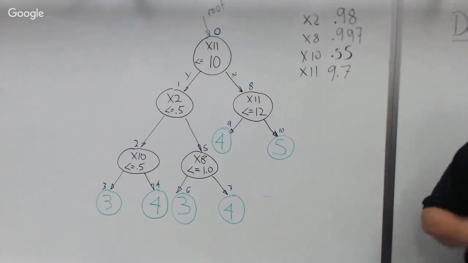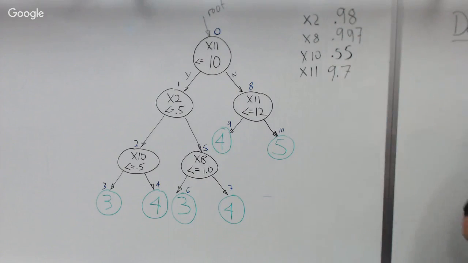Okay, so these are the values of our 4 factors that make up this tree. I want everybody to take a moment themselves and try and figure out what our model thinks the quality of the wine is.